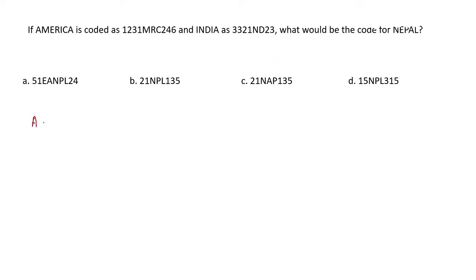So actually, in America, they are writing only MRC. Remaining we are left out with A, E, I, A, right? So over here, only the vowels they are rewriting in terms of numbers, and they are writing the consonants individually.